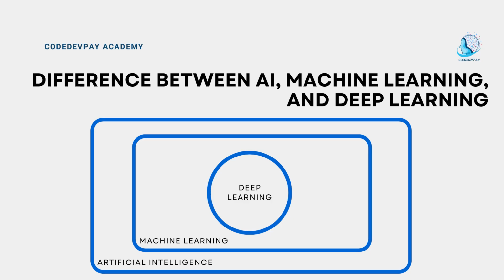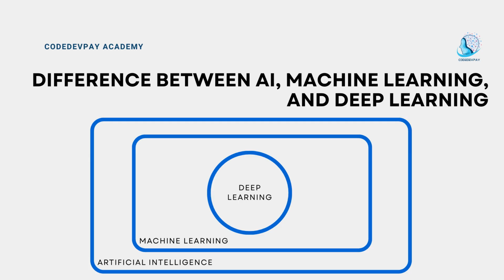Let's take the world, the planet, and Africa is a continent within the planet, and Ghana is a country within Africa. So we can take it as AI being the planet, machine learning being the continent, and deep learning being the country within that continent.